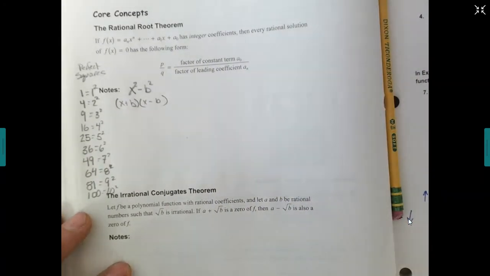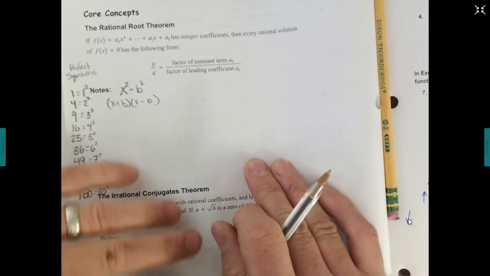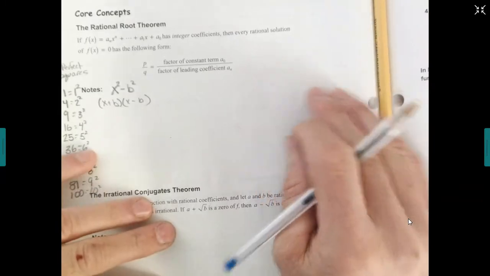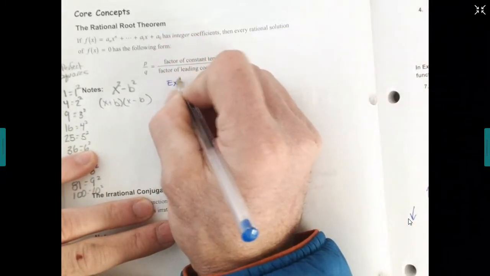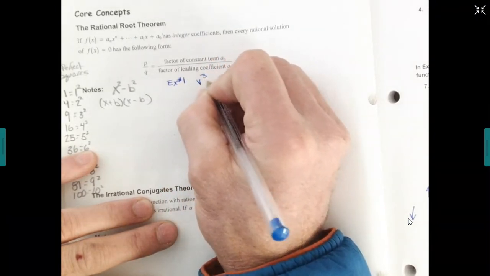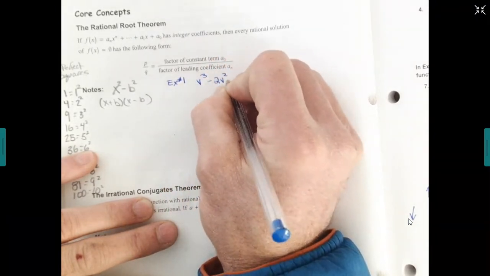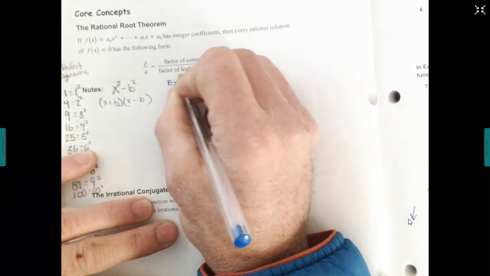I'm going to write in pen so it pops so we can see it. So let's say we have a problem like v to the third minus 2v squared minus 16v equals negative 32.